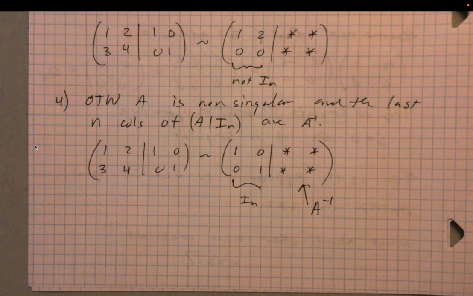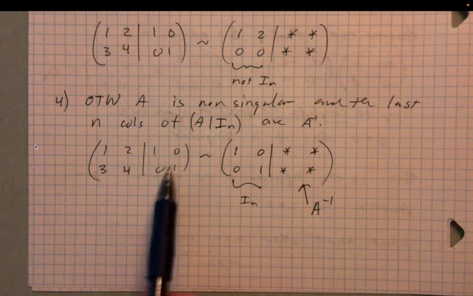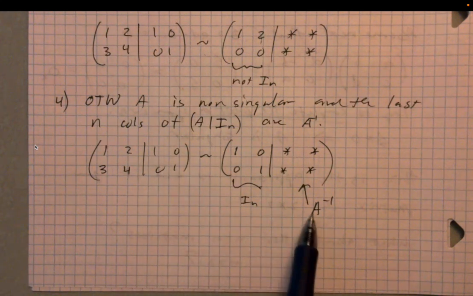That's A inverse. This works in general. This is the way to find the inverse of a matrix. You plug it into this augmented matrix form, put it into reduced row echelon form, and the inverse will just pop right out of there. This identity matrix over here becomes the inverse matrix. It's kind of remarkable, actually.